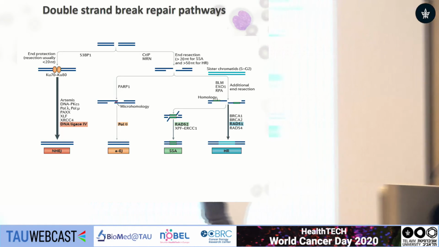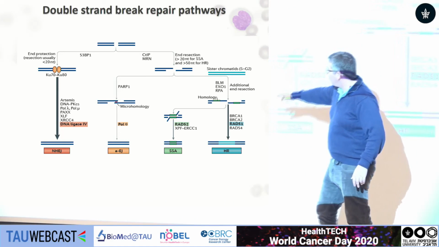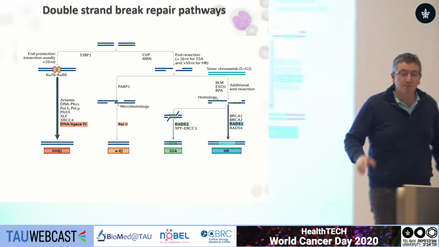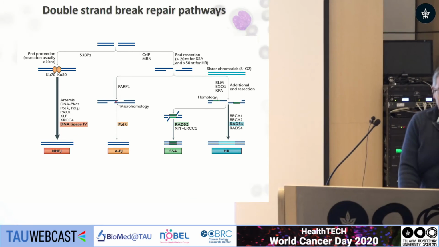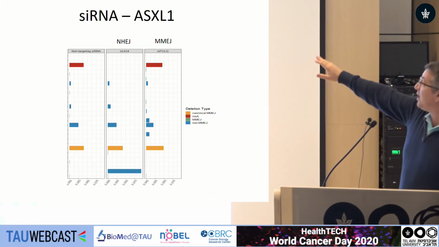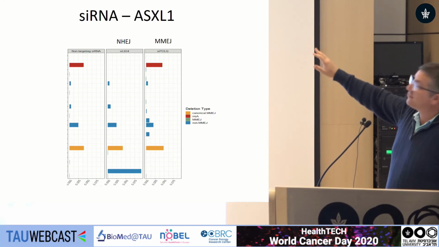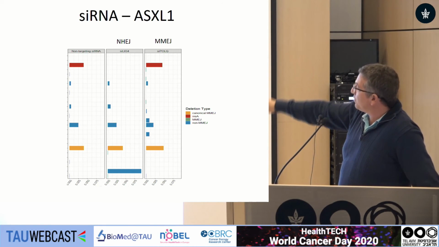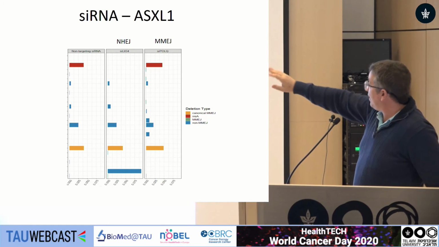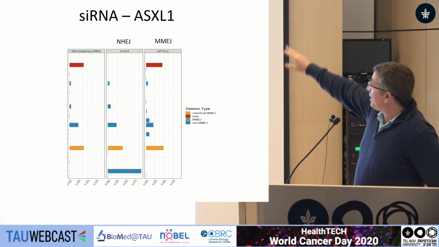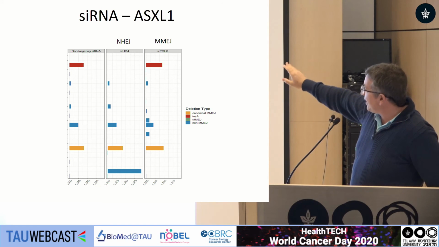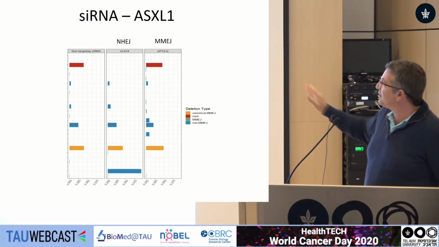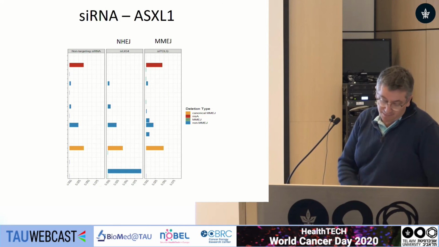Either it's due to SSA and microhomology repair, or due to alternative end joining. We still do not know which of these pathways is responsible for these deletions in the myeloid malignancies. But what we're doing now is inhibiting different enzymes from this pathway, and we can see that by inhibiting the non-homologous end joining, we can eliminate specific insertions, and by inhibiting the MMEJ, we can eliminate others, but we can never eliminate the canonical mutations that we found, and we now think that it's mediated by the SSA pathway.